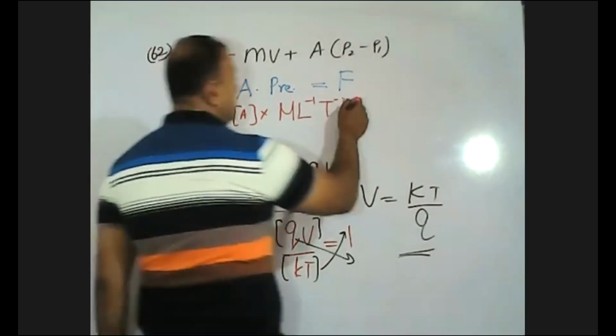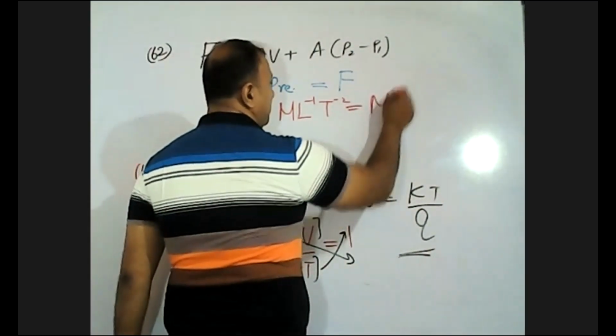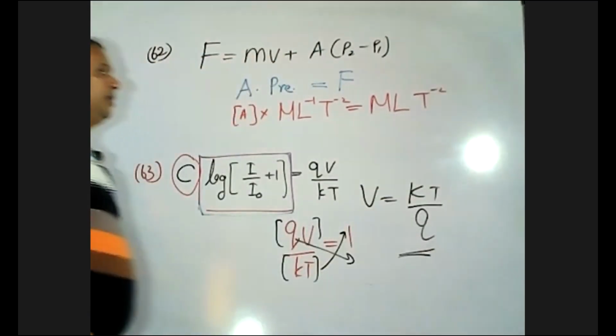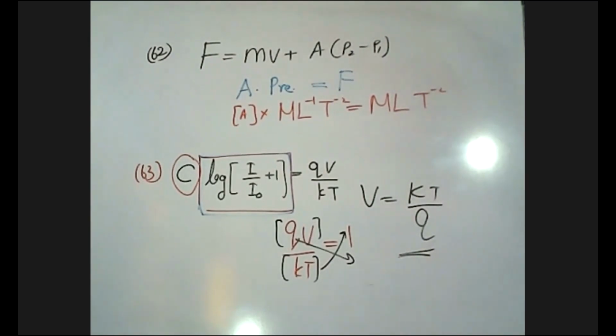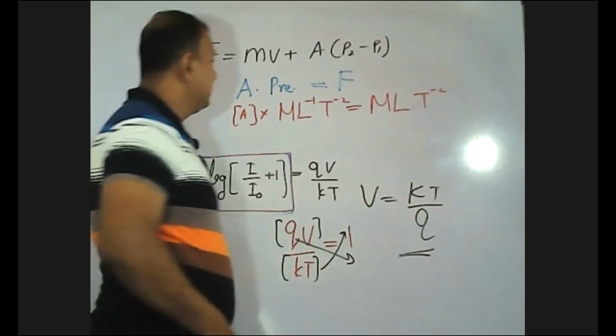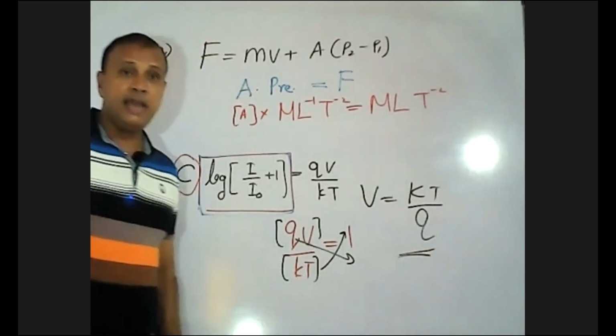Dimension of force is M L T minus 2. Therefore, M will be cancelled out. T will be cancelled out. The only remaining thing should be equal to L squared. Then definitely the correct answer should be 3 because it doesn't have M and T.